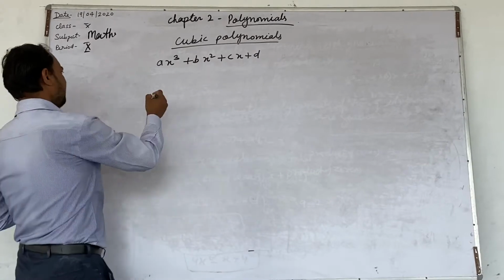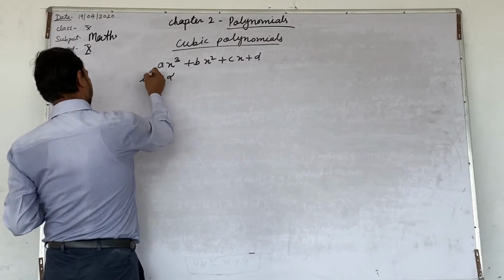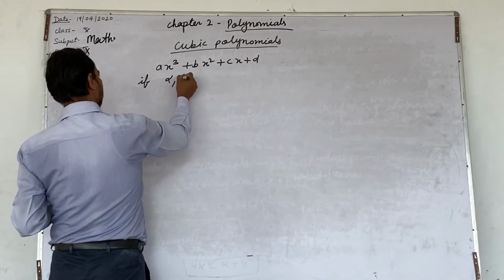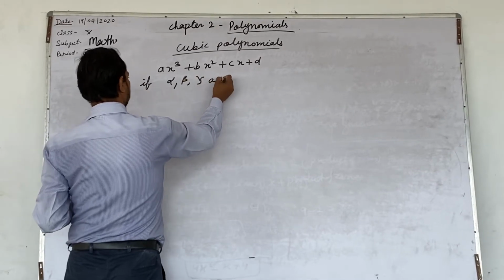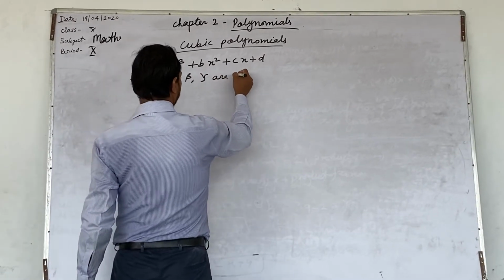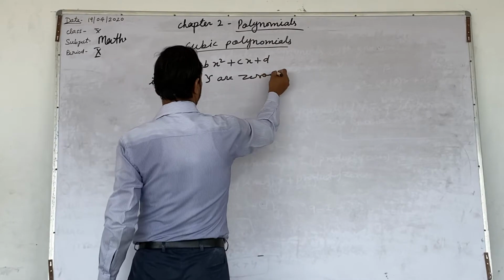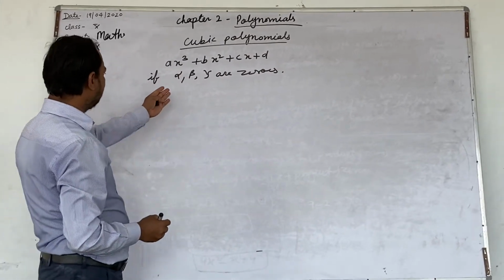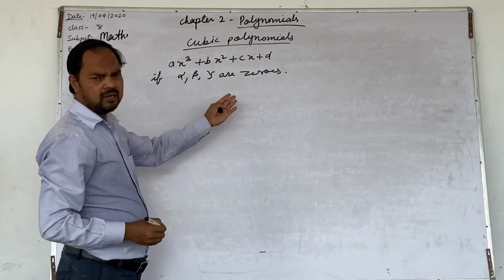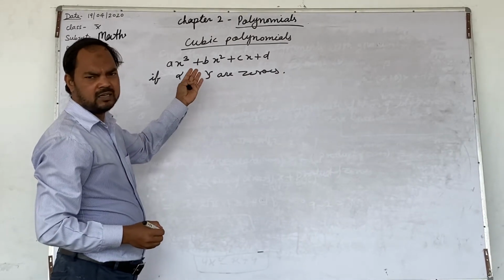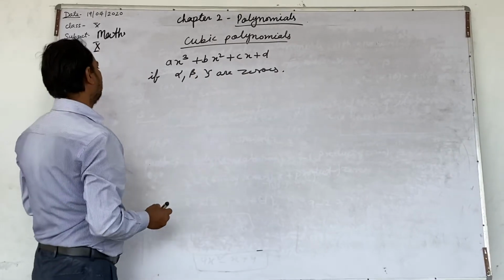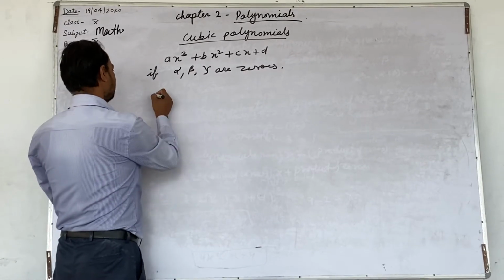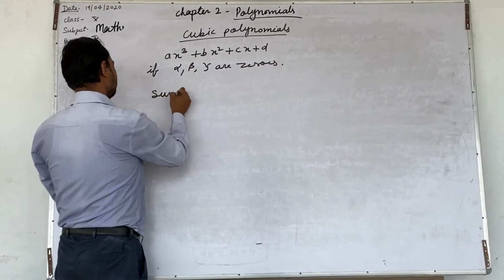thing, if alpha, beta and gamma are the zeros. We know that alpha, beta and gamma are Greek alphabets. Now, first of all, sum of zeros.